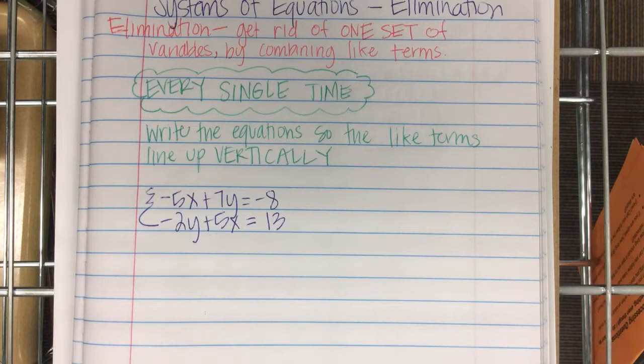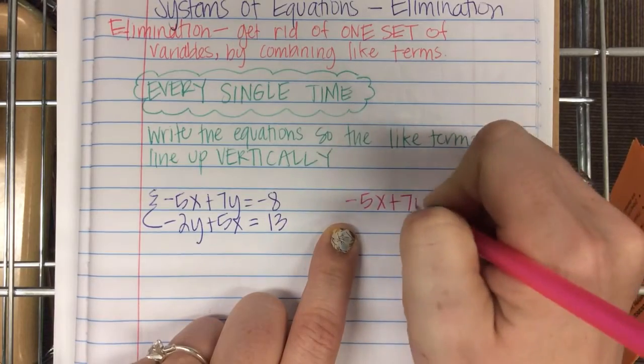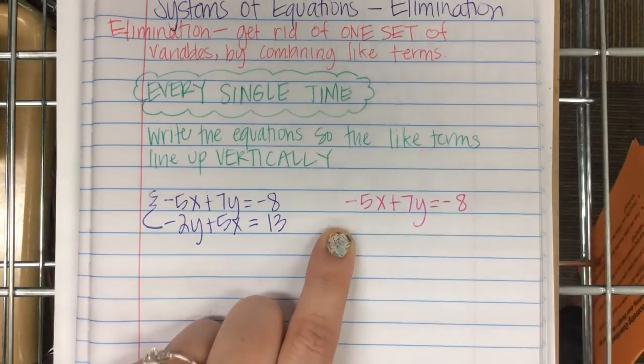And here's my system. Negative 5x plus 7y equals negative 8. And negative 2y plus 5x equals 13. Do the like terms line up vertically? No. Do I have to change the problem? I mean, the problem's not itself going to change. I just have to change the order. So negative 5x plus 7y equals negative 8.